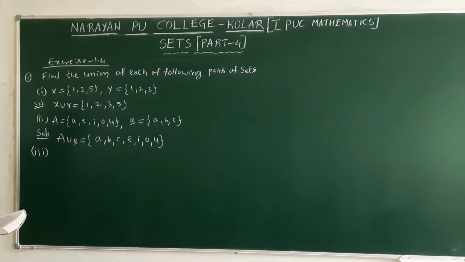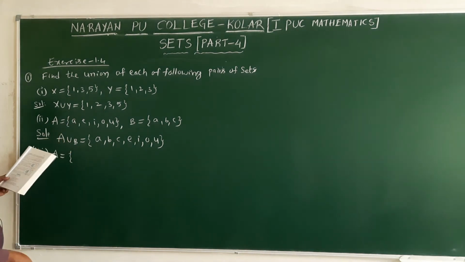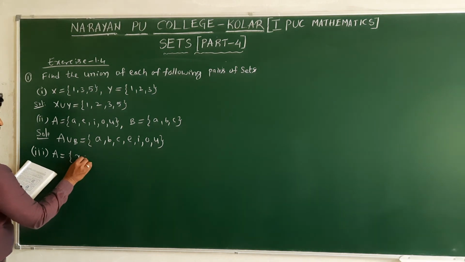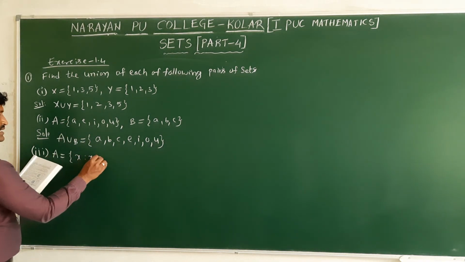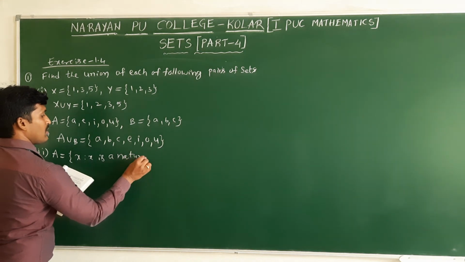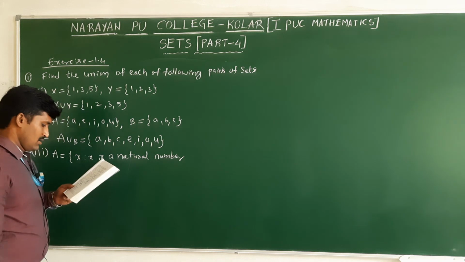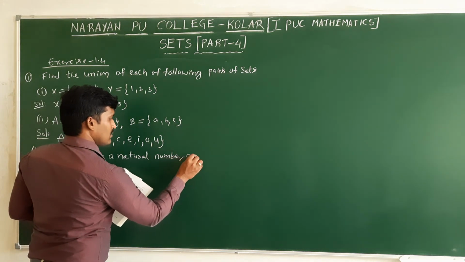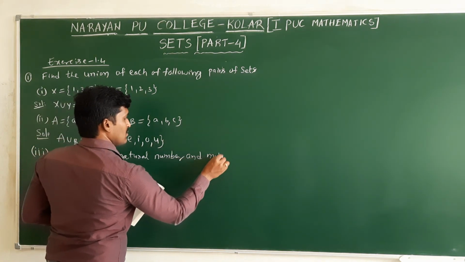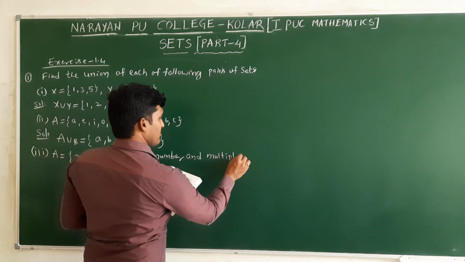Third one, A equal to X such that X is a natural number and multiple of 3.